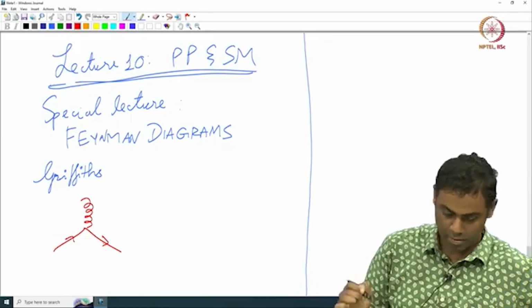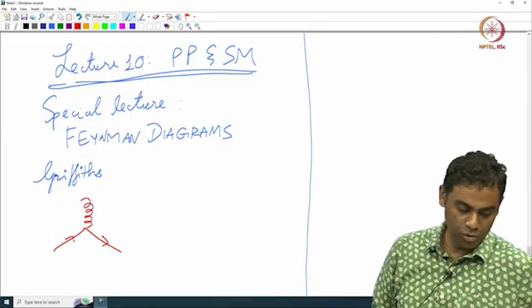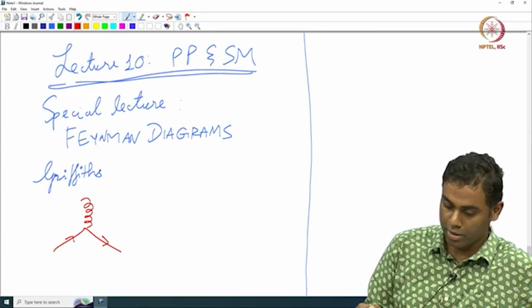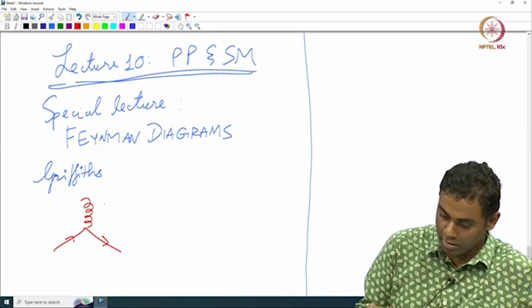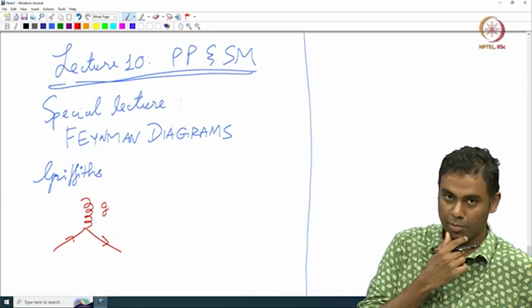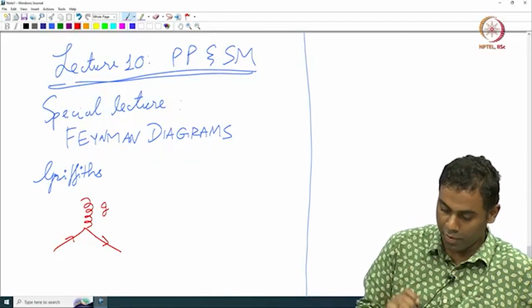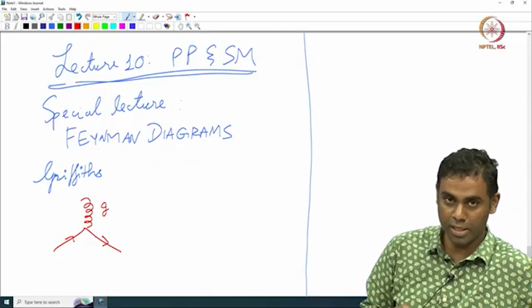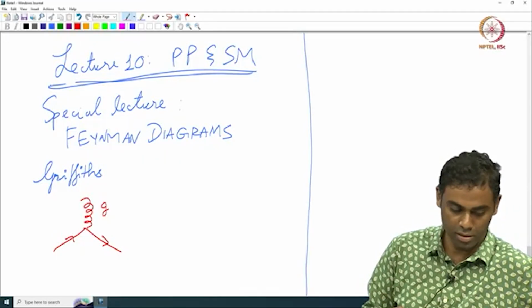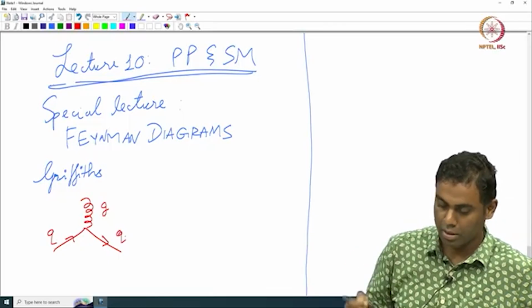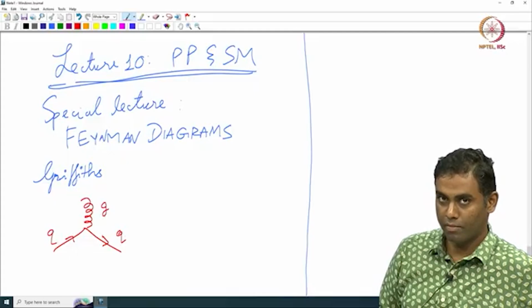This you probably would see in Griffiths. What am I drawing here? This squiggly thing is a gluon. This is what I represent as a gluon. And if I have a gluon connected up with a couple of fermions, then necessarily those fermions have to be quarks.